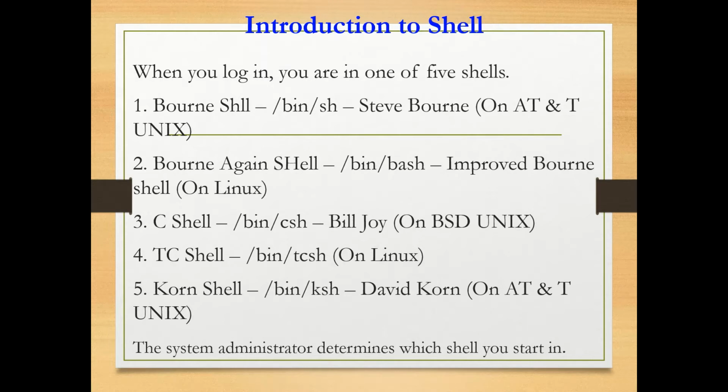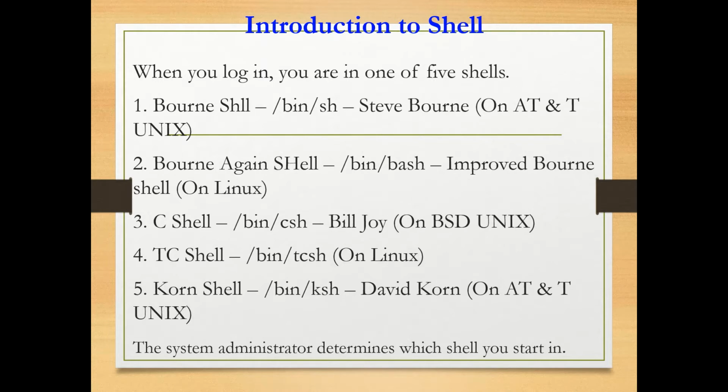One is the Bourne shell. Steve Bourne designed it at the AT&T Unix Laboratory. Then one more is the Shell, that is the improved version of the previous one, the Bourne shell. The third one is the C shell, that is just like on the BSD Unix system.